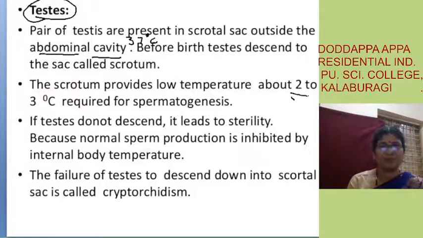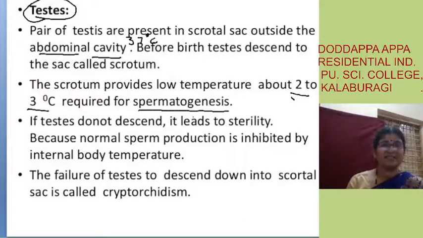It is an important point. In the scrotum, the temperature is maintained nearly 2 to 3 degrees less, which is required for spermatogenesis. At higher temperature, that is the body temperature, the sperms are not produced. That is why in the male the testes descend into the scrotum.